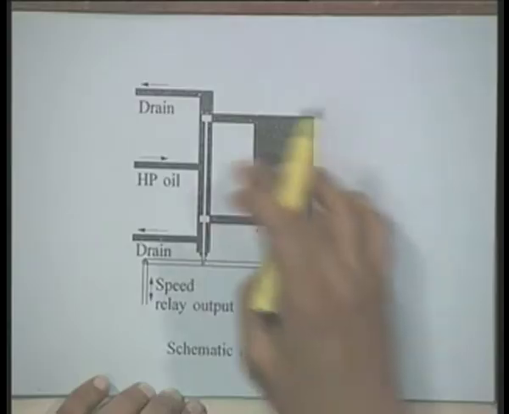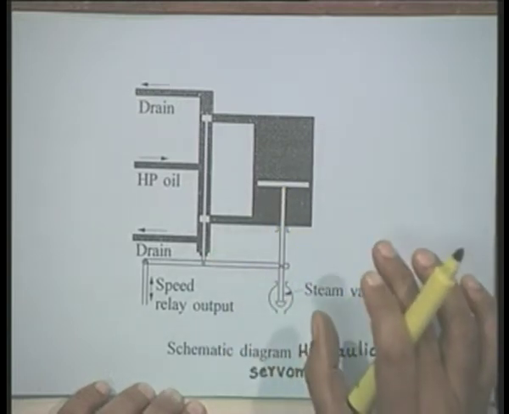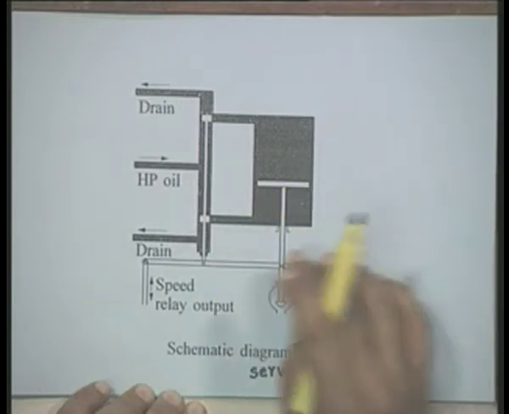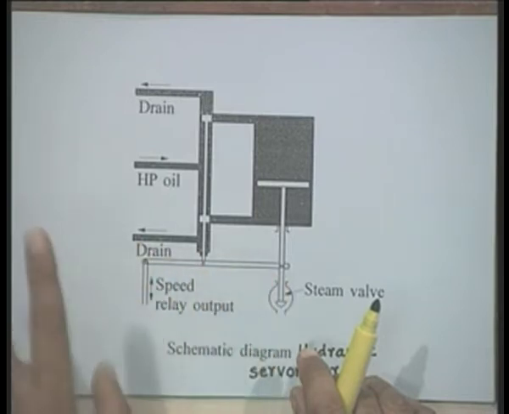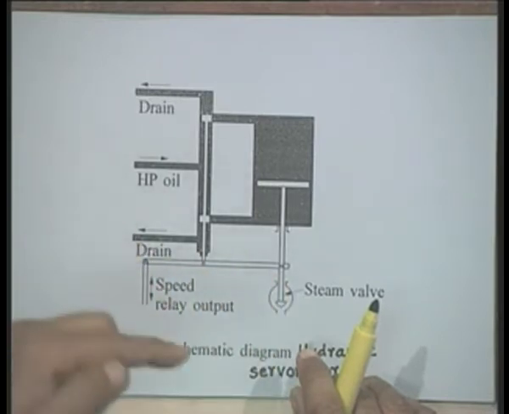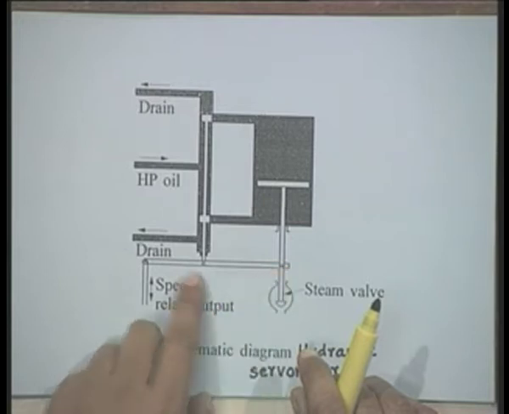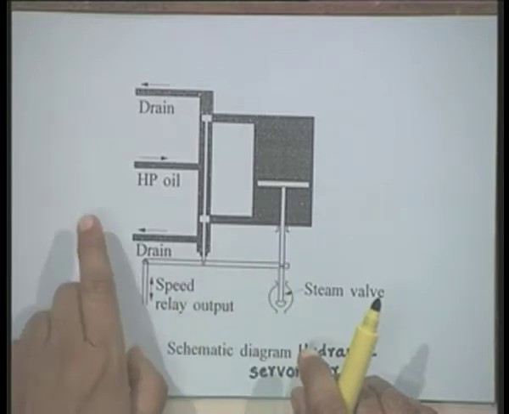Therefore, basically this can be represented by an integrator. It will represent that, because when the oil is flowing at a certain rate, the piston will keep on moving, the position will keep on changing. Further, since in all these devices there is always a negative feedback, the output position here is fed back directly as negative feedback.